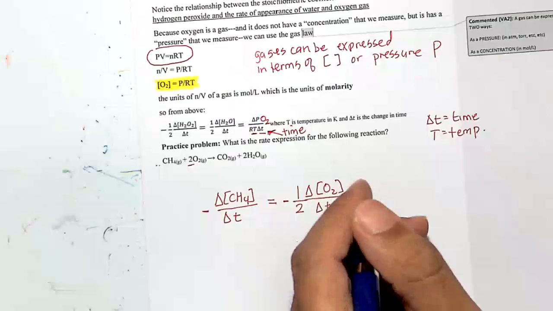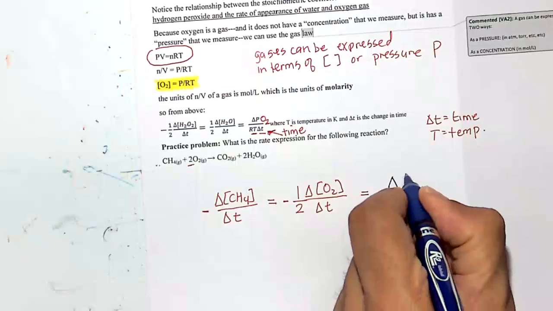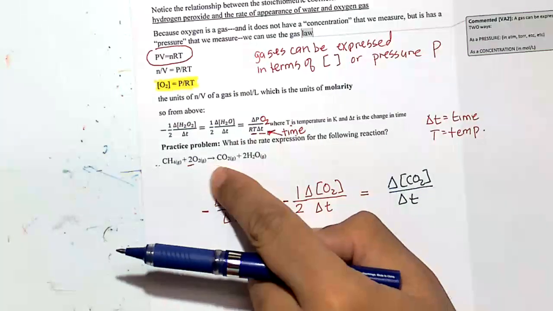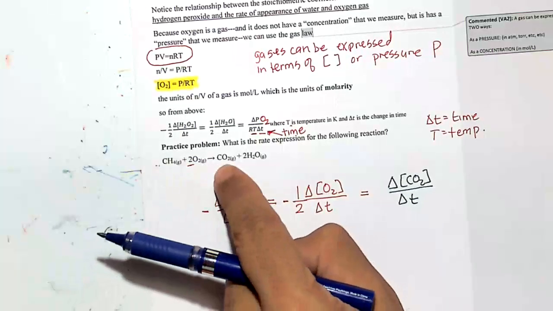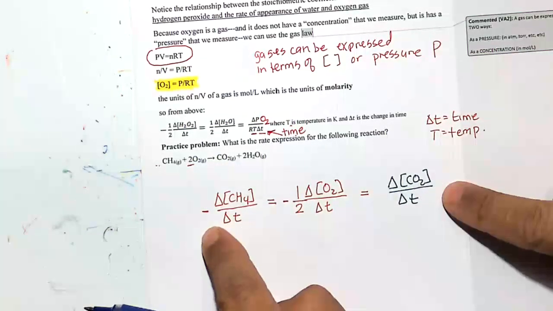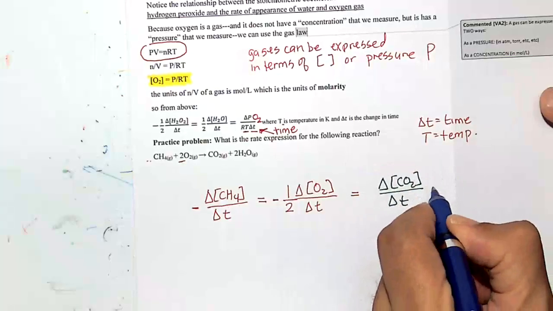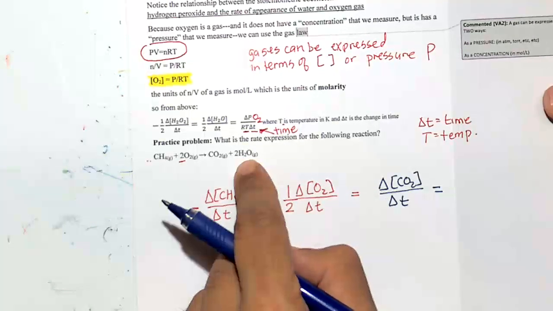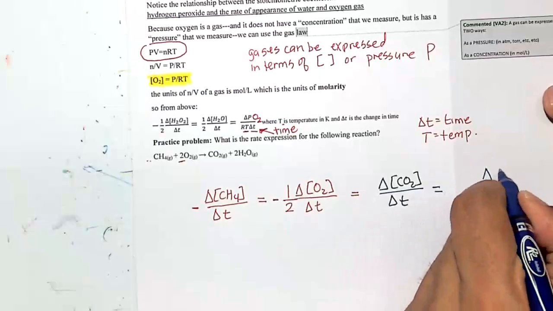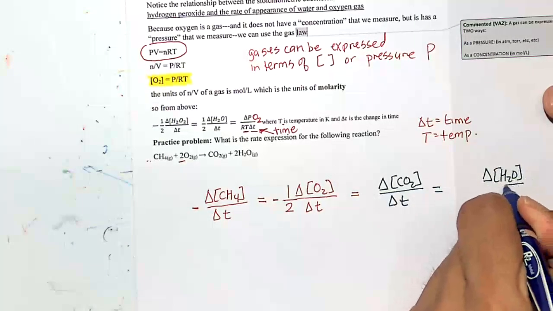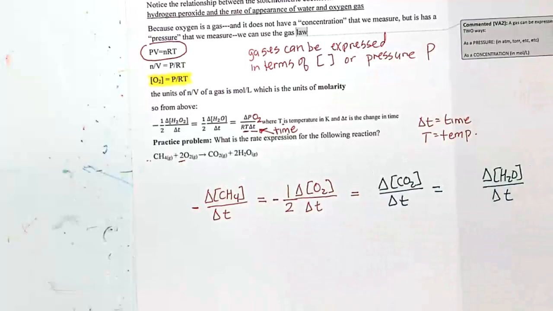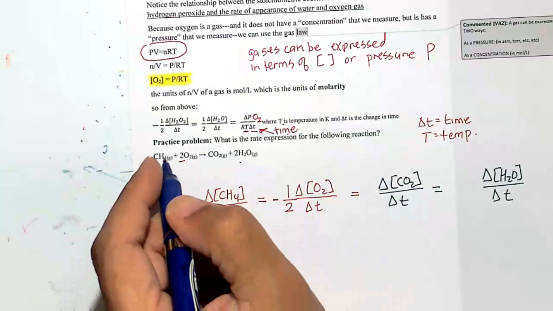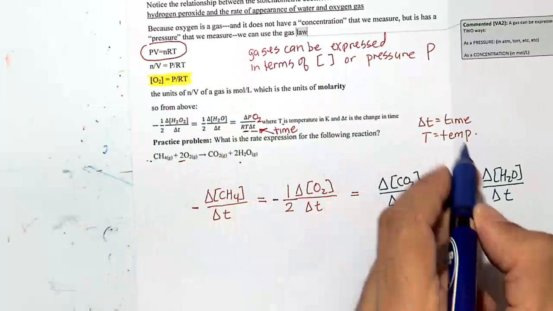This is going to equal the change in concentration of CO2. Will that be positive or negative, and what would the fraction be? There's just 1 mole, so for every 1 mole of this, there's 1 mole of that. So as this decreases, this will increase 1 to 1. And this equals the appearance of CO2, and the appearance of this. Will it be positive or negative? It will be positive, but this reacts in a 1 to 2. For every 1 mole of this, you produce 2 moles of that.